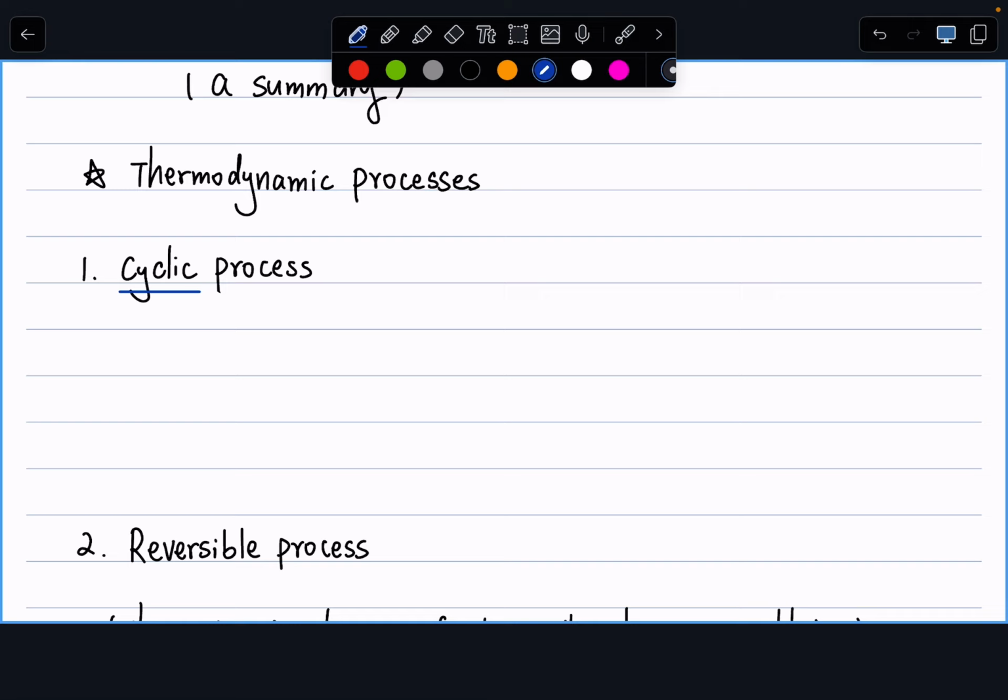So we know the change in any of the state functions will be zero. In this case, we have delta U equals delta H equals delta V, which is volume, not potential energy, equals delta T equals delta P equals 0 for a cyclic process.